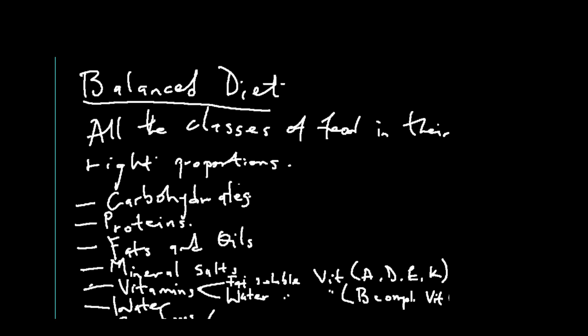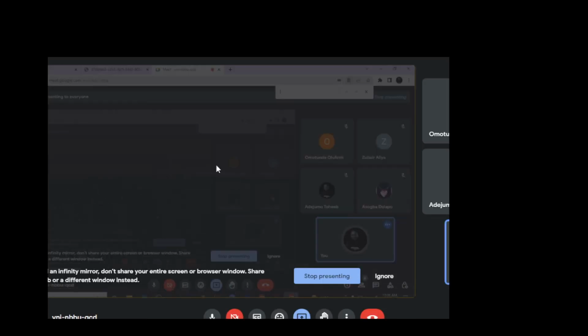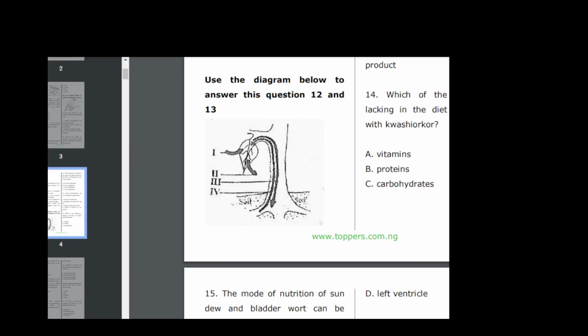So, like we're saying, kwashiorkor is a particular condition that is a deficiency in a particular class of food. People used to say that kwashiorkor is a result of excess consumption of carbohydrates. No, there is no amount of carbohydrate that you can eat that will ever be too much, because your body needs a very high amount of carbohydrates.